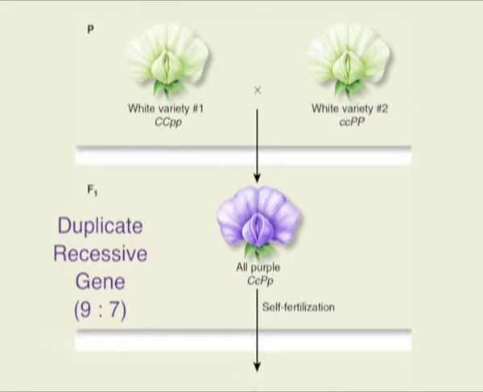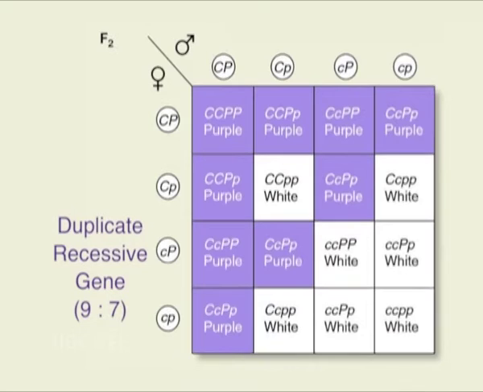For example, if pigment color is represented by capital C or small c, but not small c small c, and by capital P, small p, but not small p small p, then pigment will be produced in any genotype except small c small c or small p small p. That means both loci must have one dominant allele to produce the desired phenotype. The ratio of 9:7 for pigmented to unpigmented will be achieved.